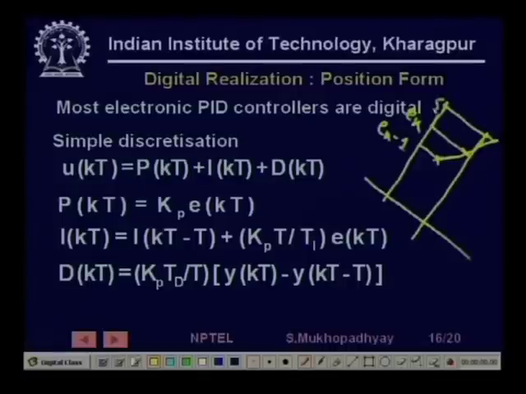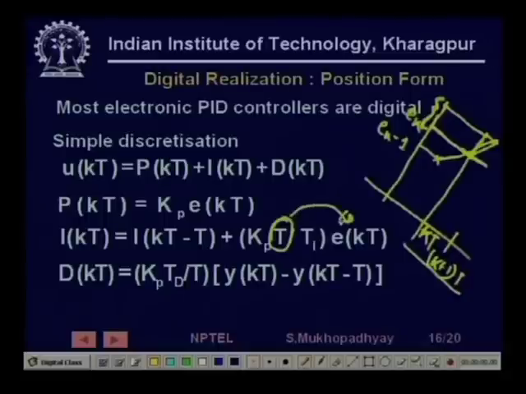Between kT and (k plus 1)T, I assume that this error is going to be maintained. So, the integral will rise simply as a rectangle. I realize this integral by multiplying E(kT) by T, and then I add it to my previous value of the integral to get the present value of the integral.